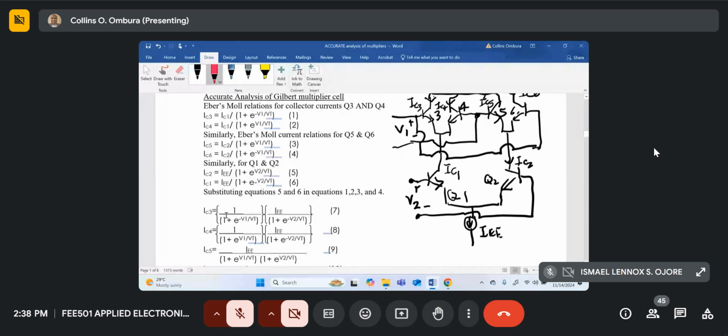So for example, the first term, IC3 is equation 1, which is IC1. So IC1, we look at equation 6, IC1 is IEE divided by 1 plus e to the minus V2 by Vt.